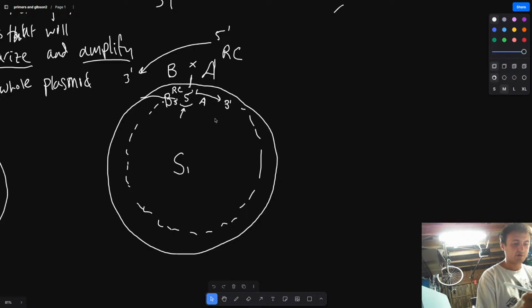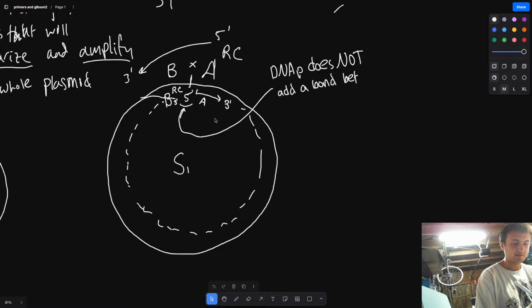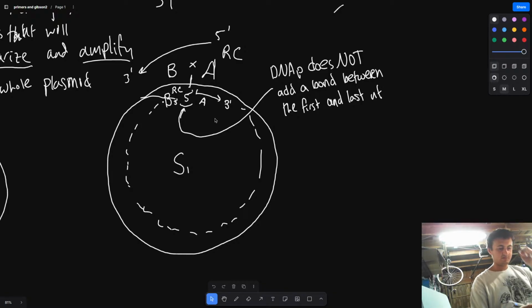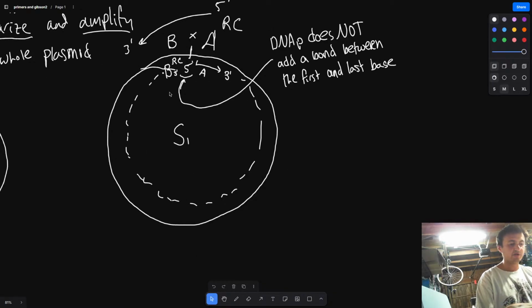So the important part, let's just do this: DNAP does not add a bond between the first and last base. I don't like the terminology, so let's call it base. Okay, so that's important.